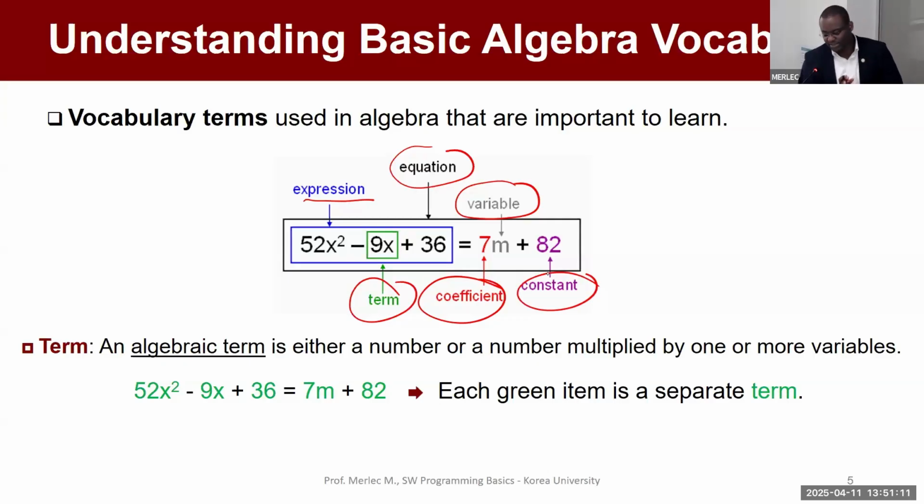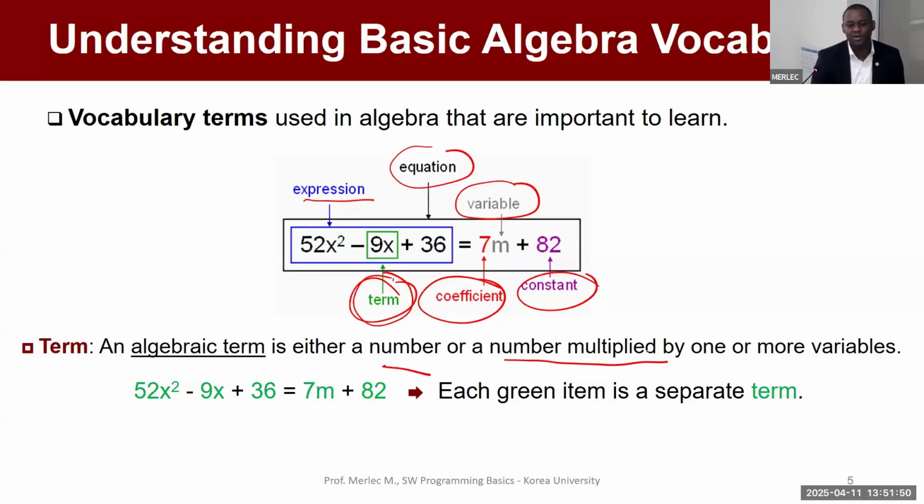Because we have to understand these terms in order to be able to understand any problem when we have to use our computational thinking to resolve a specific mathematical problem or represent any problem which can be given to us mathematically, okay? So the term, like here, which is shown in the green color, in algebra, is a number or a number multiplied by one or more variables.